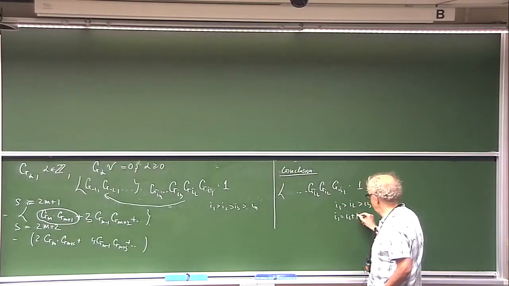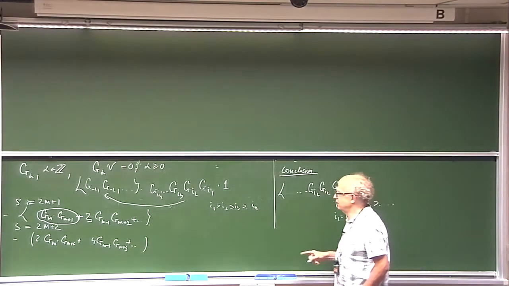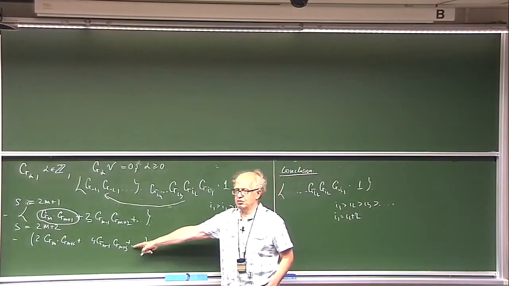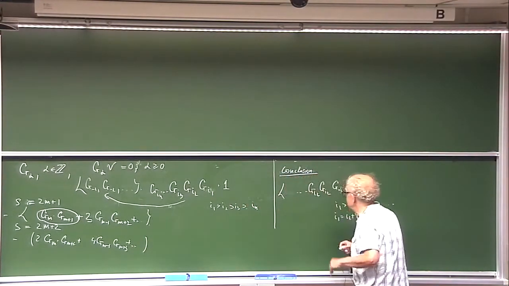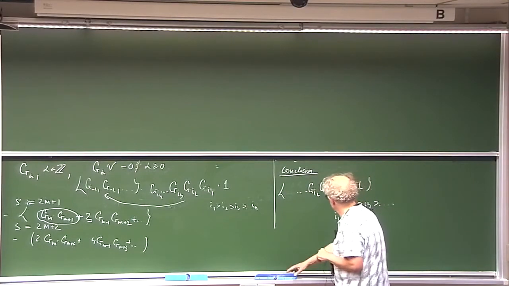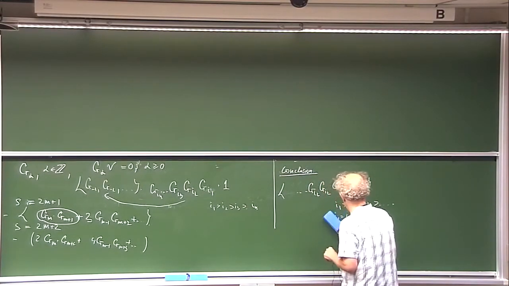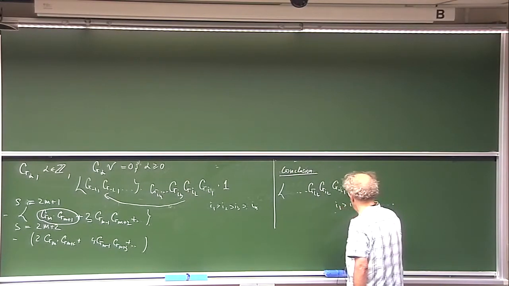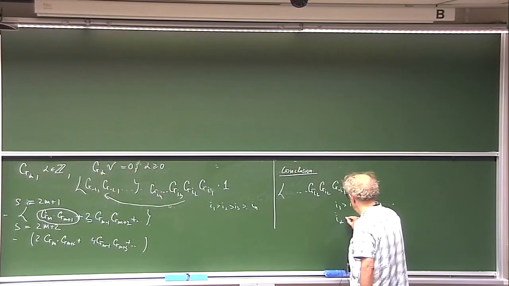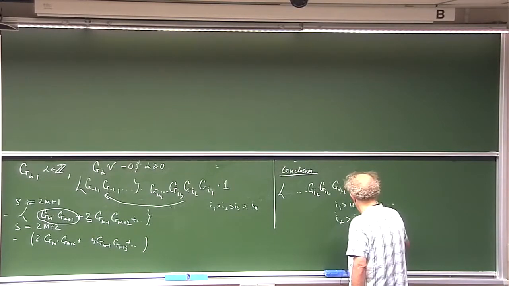And if it is 2, then using this relation I can rewrite this monomial. Therefore my conclusion is that this is true, but more than that, i_alpha is bigger than i_(alpha+1) plus 2.